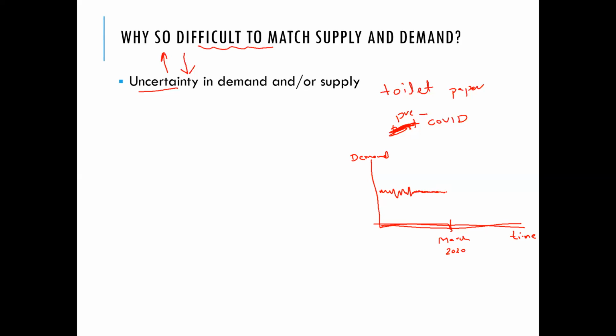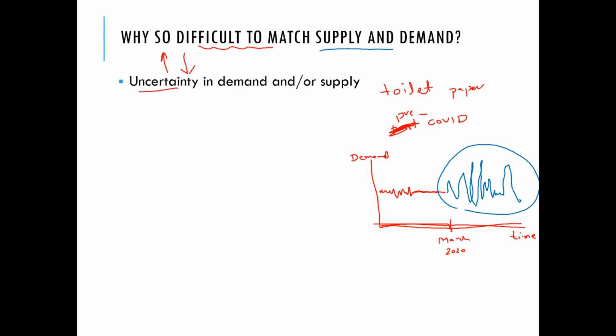But after this event, and I'll use a different color, let's use blue, this is what has been happening. And the supply chain for toilet paper was not designed for this much fluctuation. That is why any change in uncertainty creates problems for firms to match supply with demand.